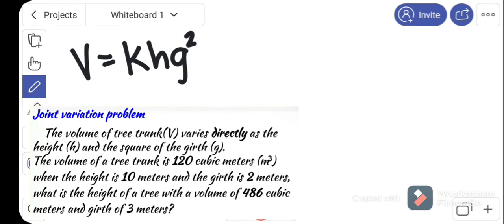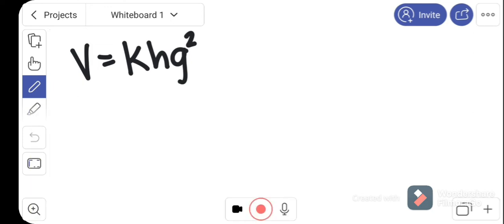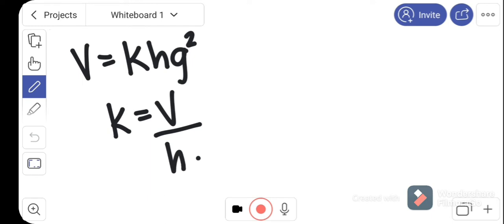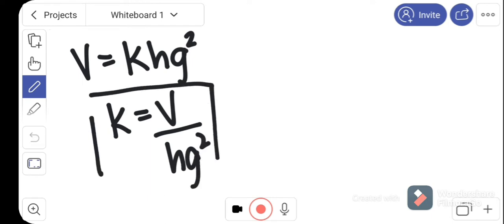Then we have to find the formula for k, the constant of variation. So we simply derive the equation. We'll have k is equal to v over hg squared. Now we have this formula for k and this one for our mathematical statement.